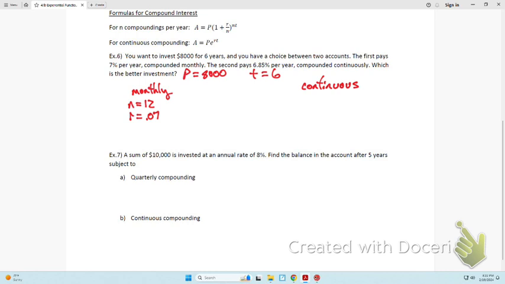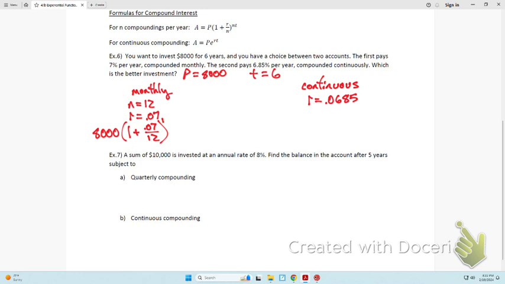The continuous one, there's not an N. We just use the letter E on the calculator. But it does give us a different interest rate, 0.0685. So let's plug in and check. We have $8,000 times 1 plus 0.07 divided by 12 raised to the NT.